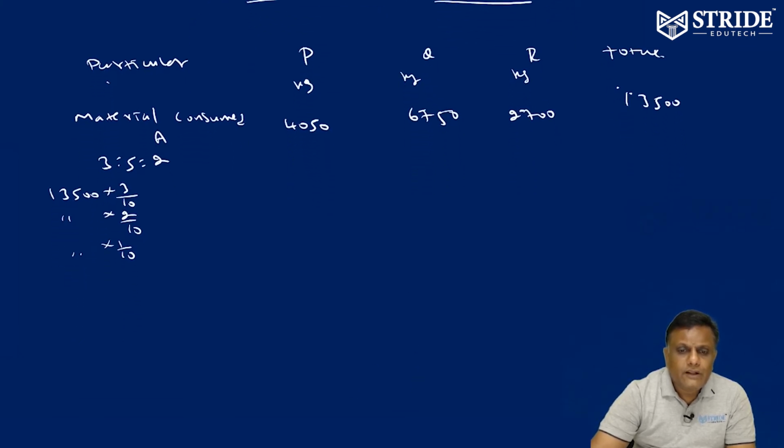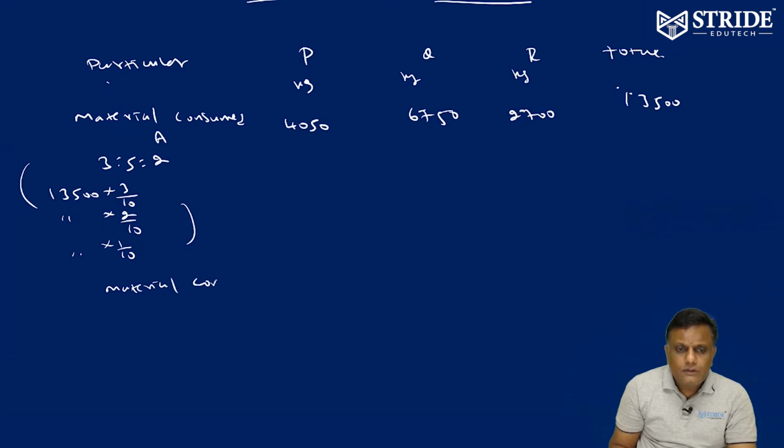Similarly, material consumed for B, in the ratio 1:2. Material consumed for B is the total of 75,500 kg consumed for production.